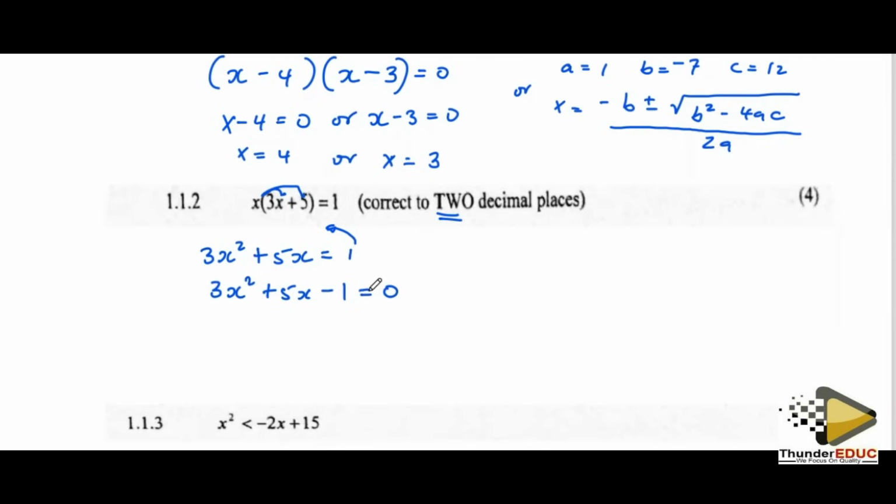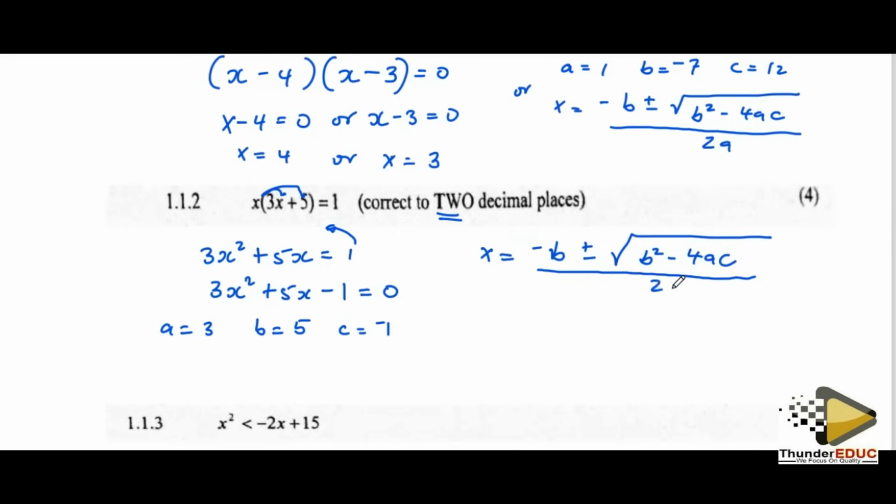Okay. Then from there, I can tell that my a is a 3, my b is a 5, and our c is negative 1. And then I'll just substitute this into the quadratic formula. We said negative b plus minus square root of b squared minus 4ac.